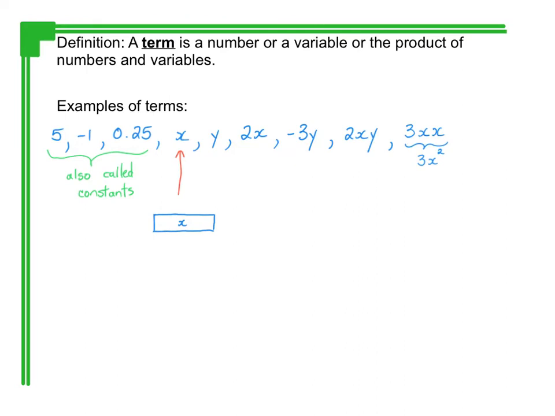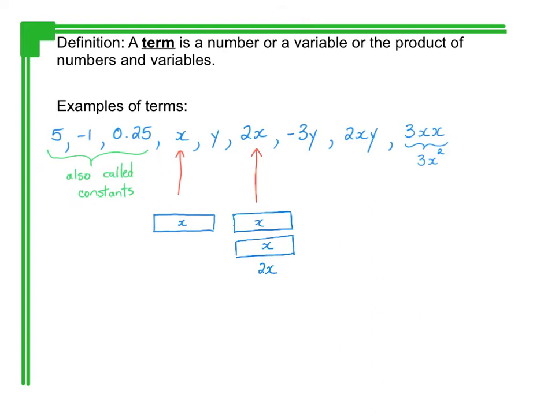Okay? With algebra tiles, this 2x right here would be represented with 2 rectangles that are x's. Okay? So this diagram that I've just drawn there is using algebra tiles to represent 2x.